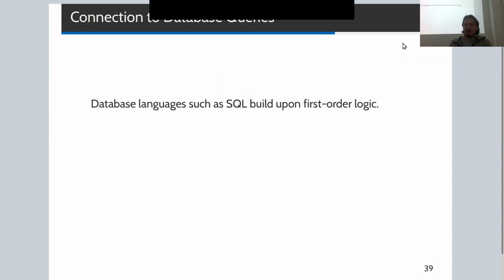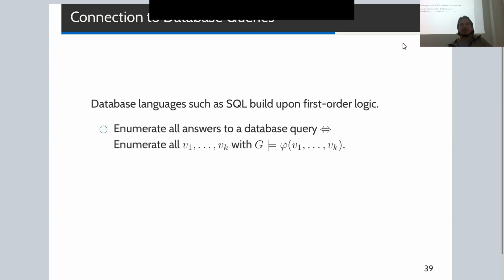But there's another very nice connection for first order logic, and you can motivate it using databases. Database languages such as SQL build upon first order logic, or rather upon relational calculus, I think it's called. Relational calculus builds upon first order logic. So you can have these nice analogies between evaluating logical formulas and database queries. In a database query, you may be interested in enumerating all answers to a query.